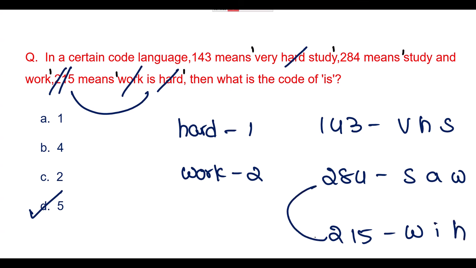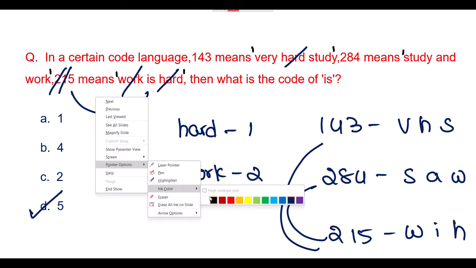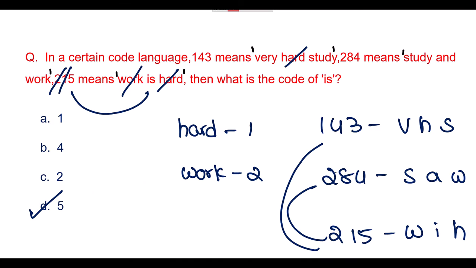This should be compared with remaining. When you compare last two, 2 is common, W common, removed. So that's the basic logic. Next, when you compare first with last, H is common, number 1 is common, removed. So finally 5 is available in last line. Ease is nothing but 5. When your question is in last line, compare that with remaining.